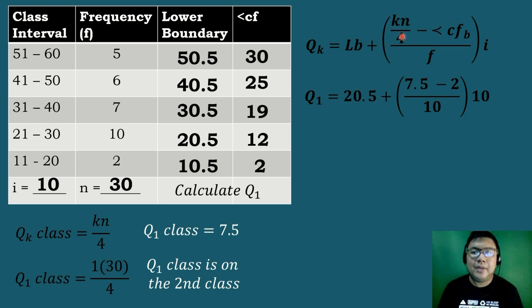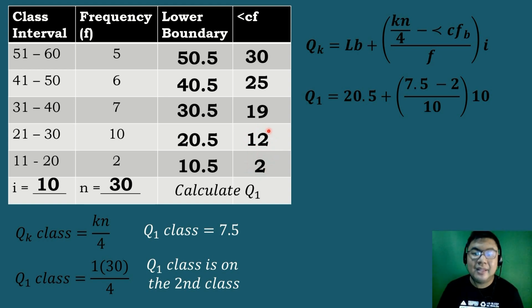We will be substituting the lower boundary, which is equal to 20.5, plus the quantity k times n all over 4. We have computed it already, so k times n over 4 is equal to 7.5. So we will just substitute it, minus the less than cumulative frequency before the quartile class. This is our less than cumulative frequency of the quartile class, 12, and we must get the number before this class. This is the second class, and before the second class is the first class.